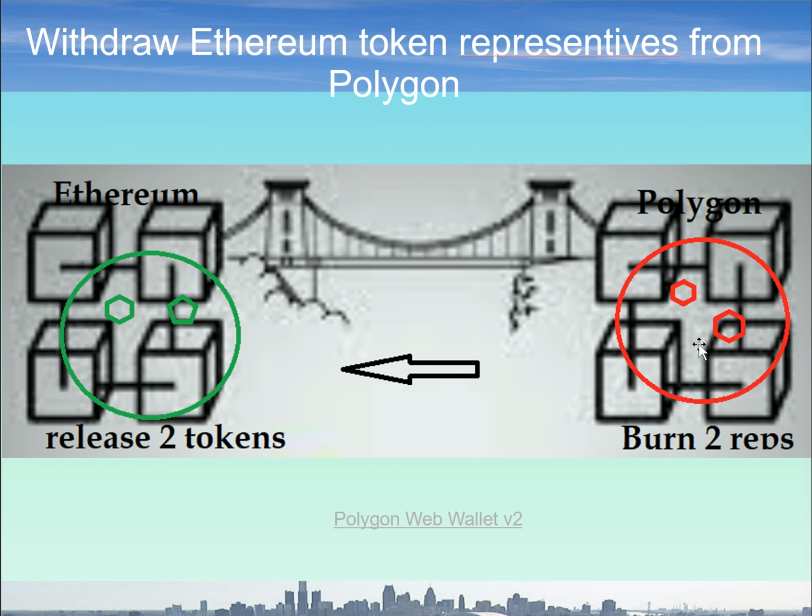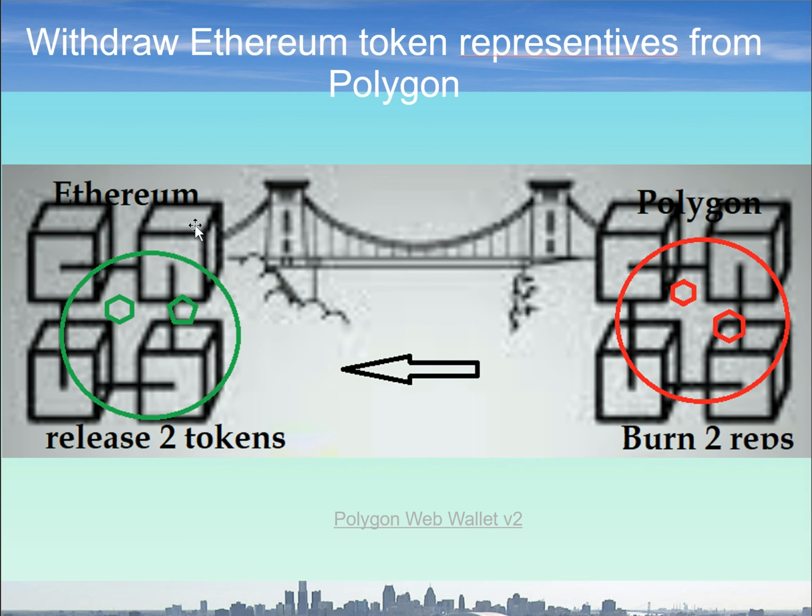But we are going to burn 2 token representatives from here. I know it's also called Mana. So 2 Mana is going to be burned over here, but this Mana is the Polygon version of Mana, which I call the representative. Okay, and then 2 tokens will be released over here and sent to the target address.